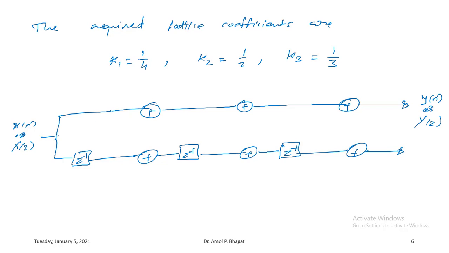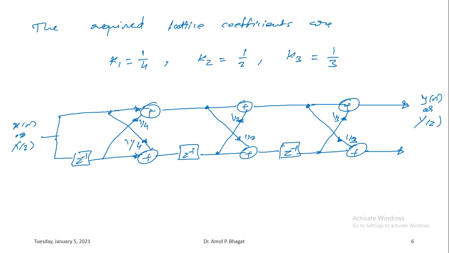Right. So here this K1 will be there. Filter coefficient K1 will be there, that is 1 by 4 in the first stage. Right. In the second stage K2 will be there, that is 1 by 2. And in the third stage K3 will be there, that is 1 by 3. Okay.